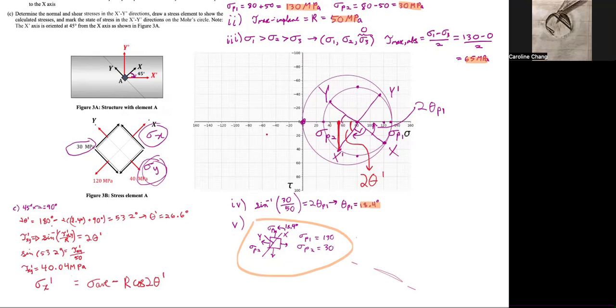This is because sigma average is this whole distance over here, and r cosine 2 theta prime is this distance over here. So in order to find the location of this x coordinate, we have to do sigma average minus r cosine 2 theta prime.